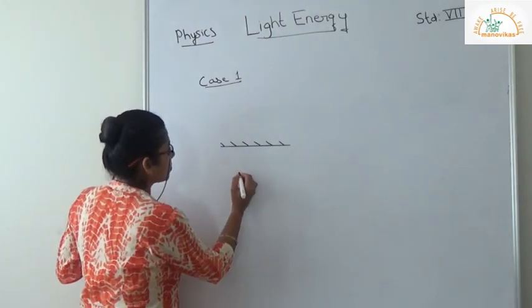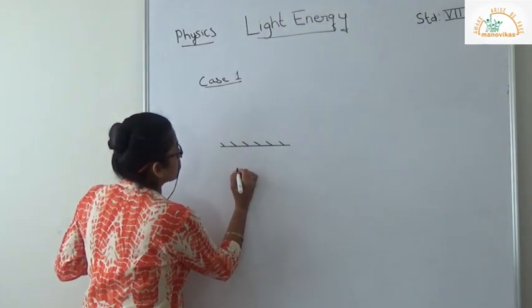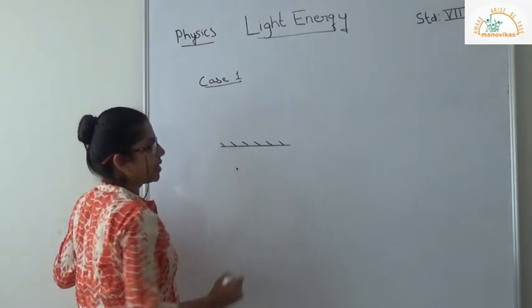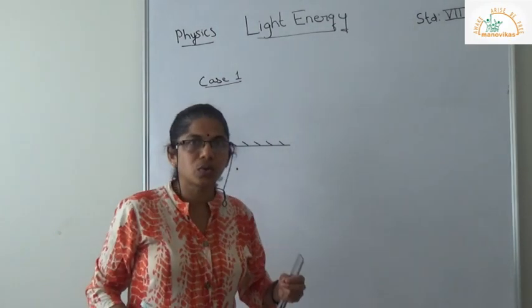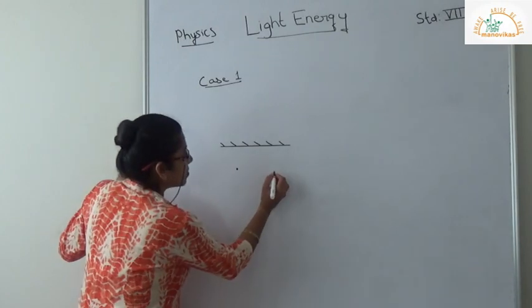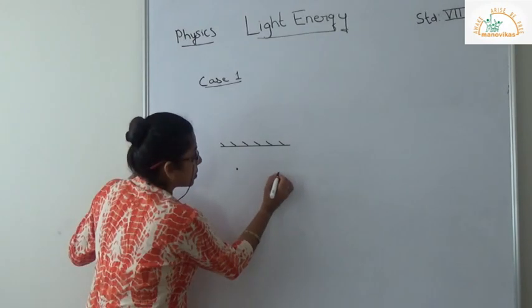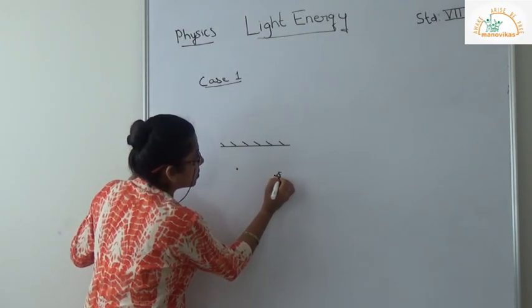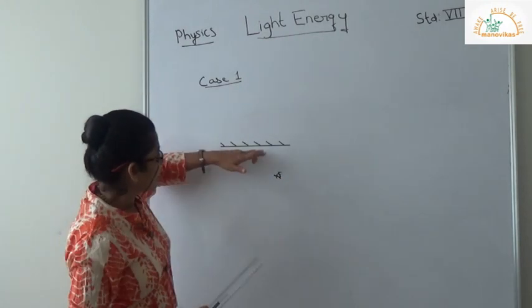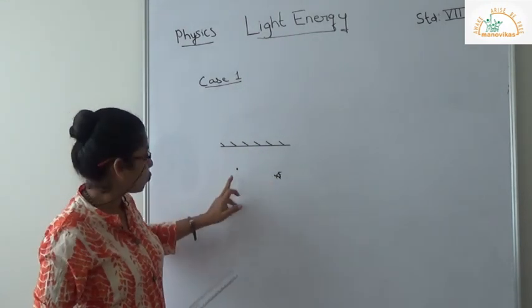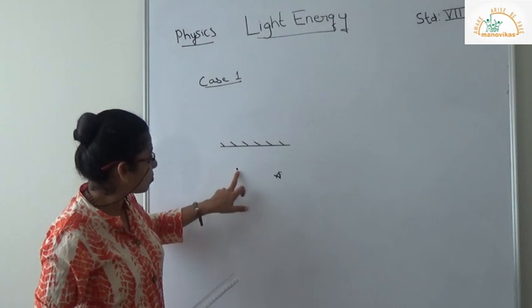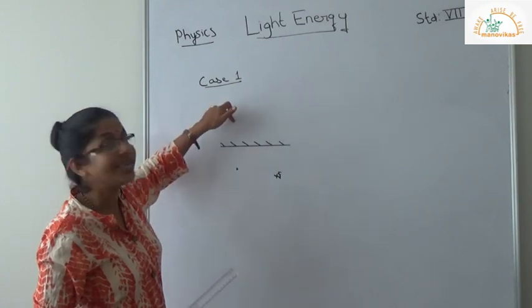So if the object is over here, this is a point object. Now an observer is observing from here. So this is a reflecting surface. The image of this point will be formed somewhere behind the mirror.